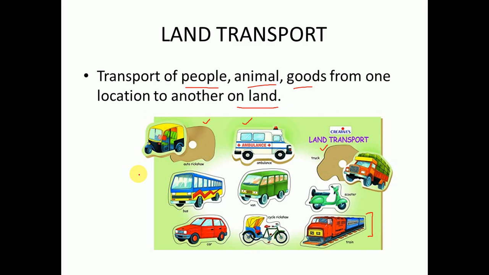In hot deserts, camels are used for moving from one place to another. So you all have understood what land transport is and the examples of land transport.